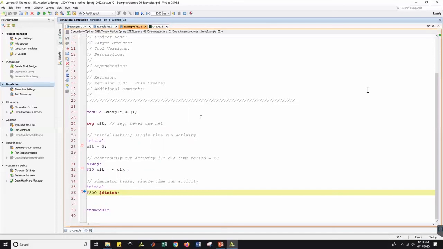But always statements can be used in simulation, and they are also synthesizable and can be used to create hardware. This is an important point to understand. In the coming examples, things will be much clearer about why the initial statement is used only for simulation, and why the always statement is used for both simulation and hardware.